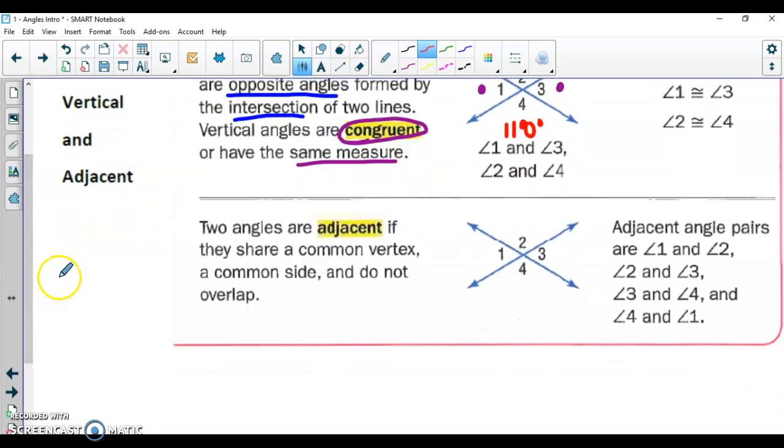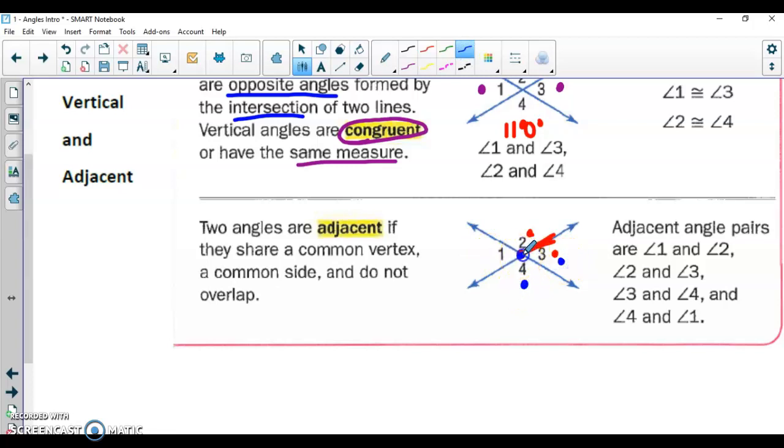They are adjacent if they share a common vertex and a common side, and they don't overlap. So 2 and 3 are adjacent because they both have the same vertex right here. Here's their common side, and they don't overlap each other, so the angles are separate from each other. Another set that we have would be angles 3 and 4.